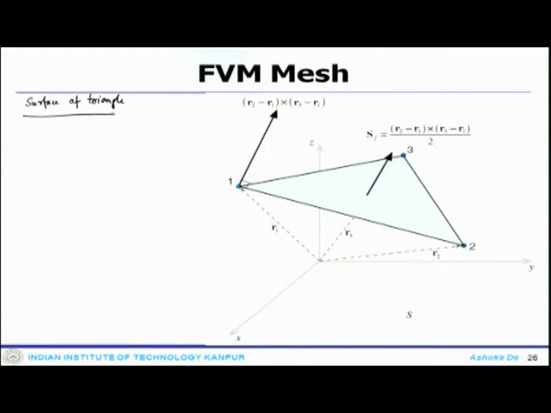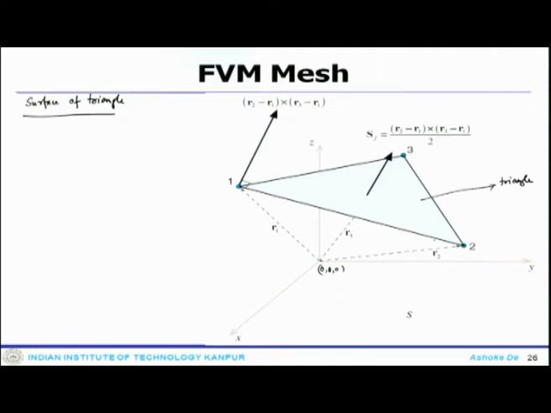This in the x, y, z coordinate system, this is your triangle. It has 3 vertices, 1, 2, 3, and from the center of the reference frame, the radius vectors are r1, r2, r3, which is the standard notation.